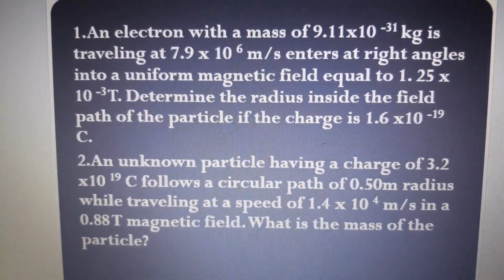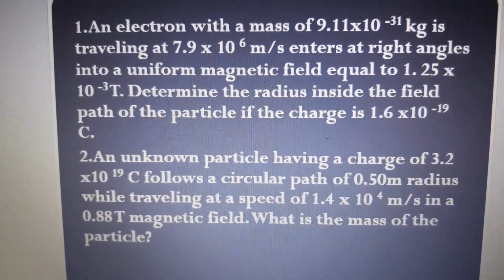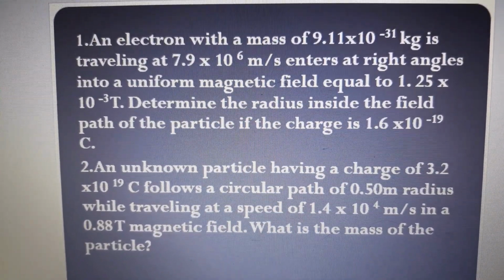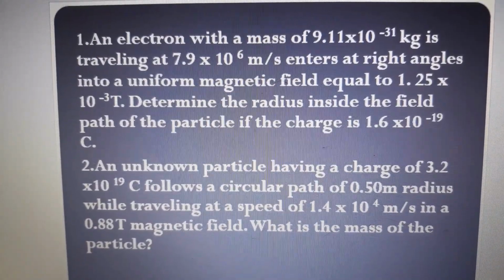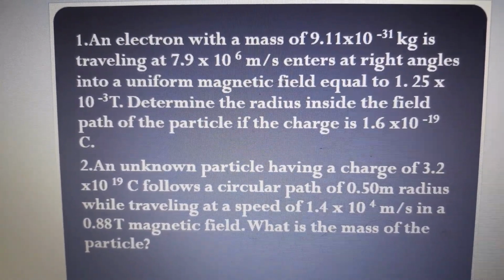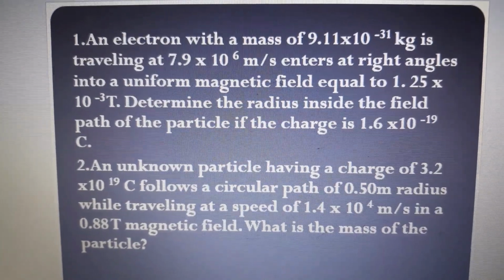Determine the radius inside the field path of the particle if the charge is 1.6 times 10 raised to negative 19 coulomb. That is problem number 1.